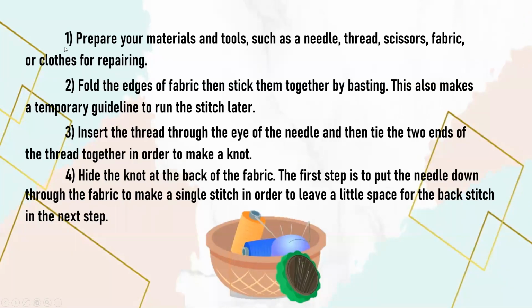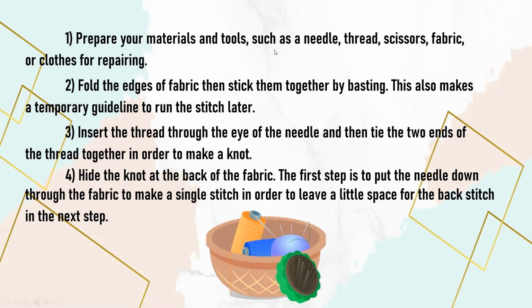We have here 4 steps to follow, okay? So, number 1, what we have to do, we have to prepare materials. So, prepare your material and tools. We require them for every kind of stitching we do. So, what are the tools?